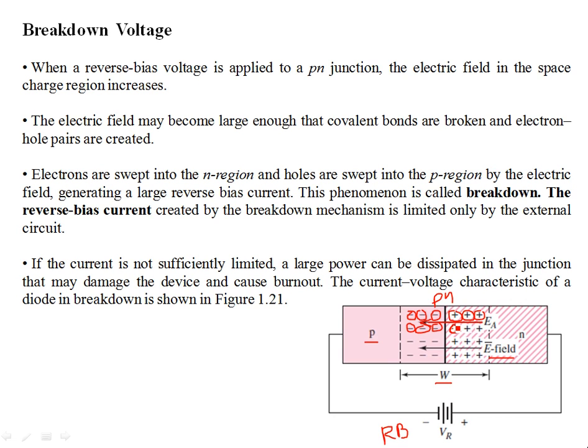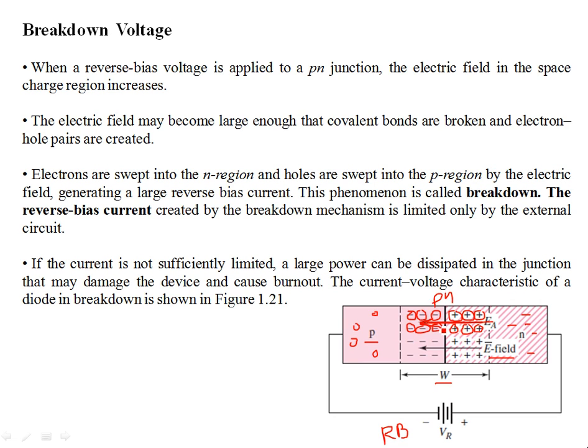Because of this reverse biasing, the majority electrons in the n-type region and the majority holes in the p-type region are held back by this electric field. The negatively charged electrons cannot move from the n-type region to the p-type region because of the direction of the electric field.